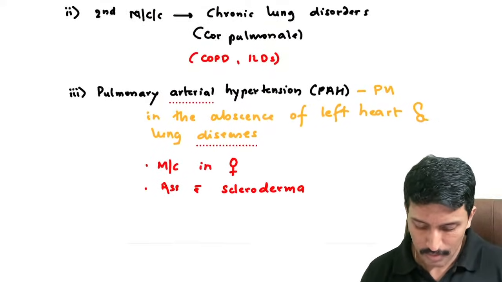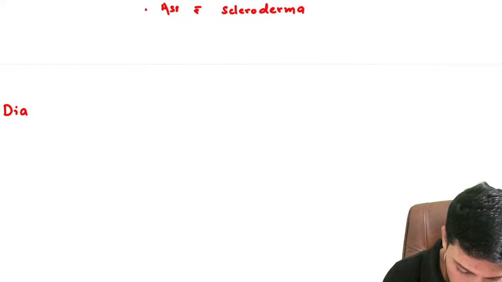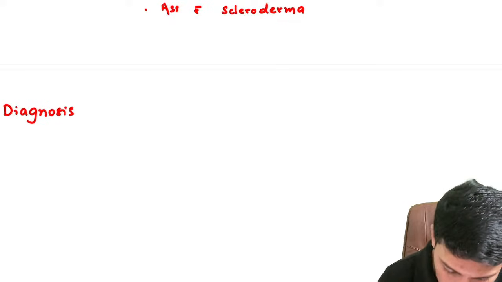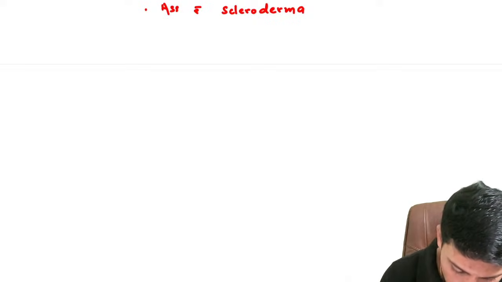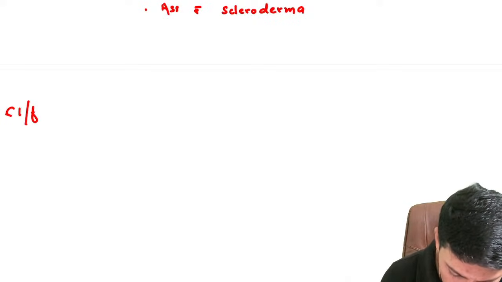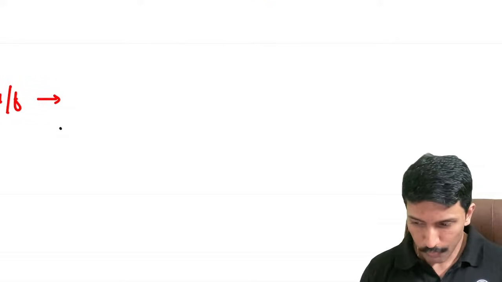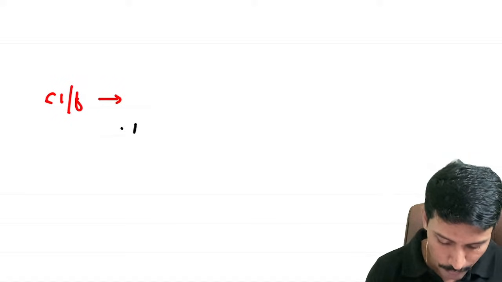Now if I have pulmonary hypertension, the next question is, how do I diagnose it? Let me also tell you about clinical features before I talk about the diagnosis. How will I get to know that someone has pulmonary hypertension? Number one, because of pulmonary hypertension, they may have right heart failure.